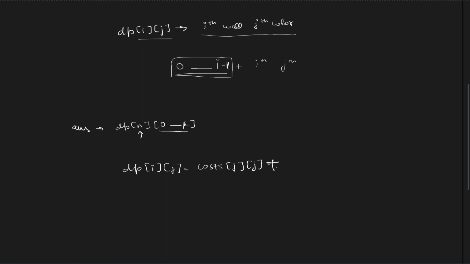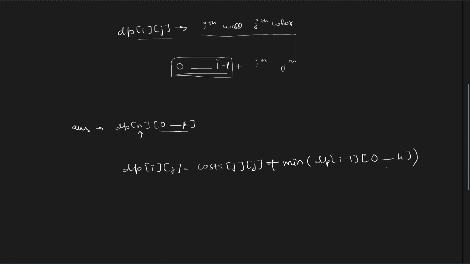And the other factor should be minimum of something, and the minimum of something should be DP of i minus 1, 0 to k, right? So I'm just writing it in a pseudo type of form where I'm just trying to explain what it means. This is not the exact code.